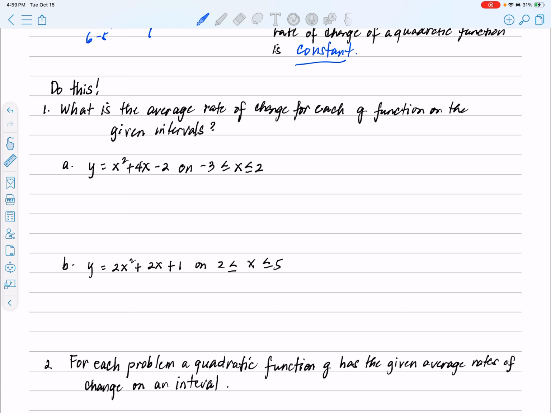So I could start with y sub 2. I could have 2 squared, substitute it to the function, plus 4 times 2 minus 2. That would be equal to 4 plus 8 minus 2, giving you 10.